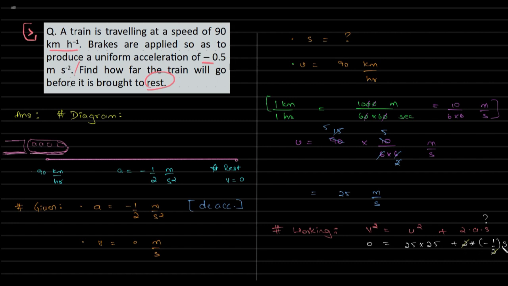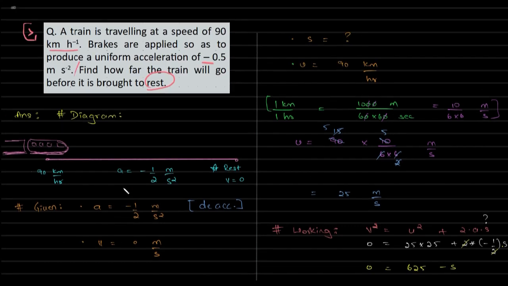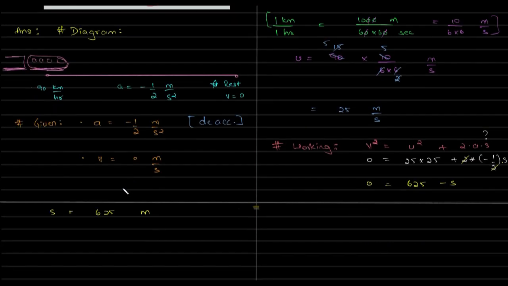See, that's the power of writing things in fractions. So 0 is equal to 625 minus S, right? Minus 1 into S is minus S. And we have S is equal to 625 meters. So that is the distance traveled by the train.